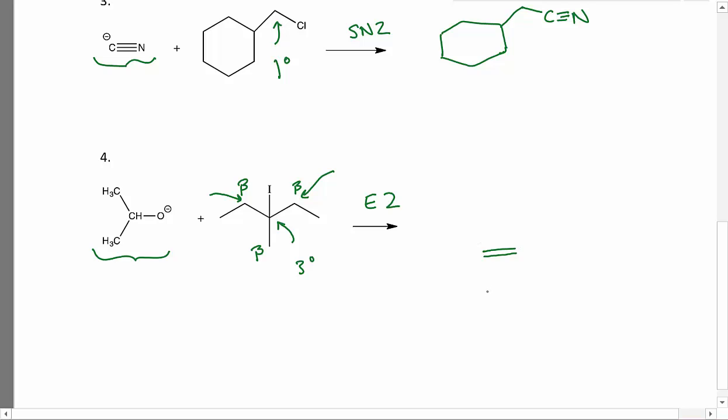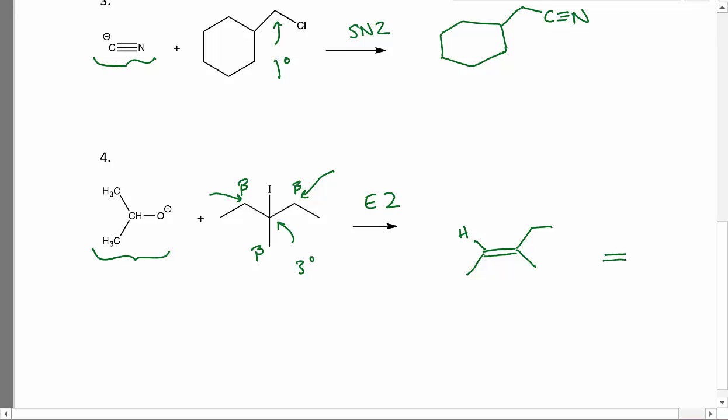I'm just going to do skeletal structures on this one. We'll draw them. So the products that I would get, there would be one possible product. Now, since this is an internal alkene, again, we have to think about stereoisomers.